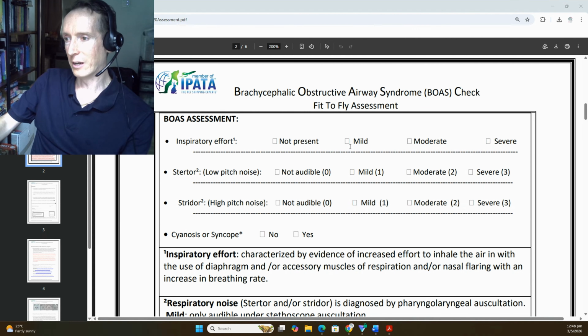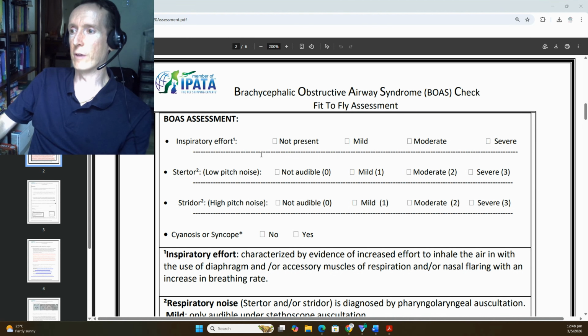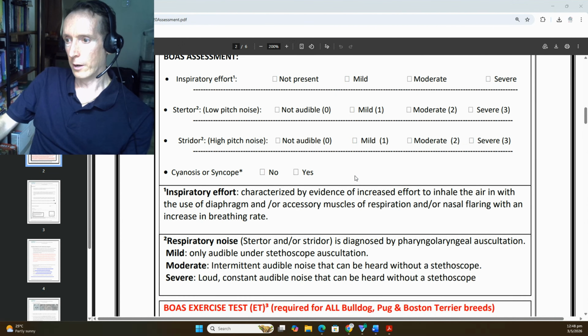But there are some dogs which, with excitement and stimulation, can get stressed out and can even go a little bit cyanotic, which means a little bit blue. And of course, those ones would be a travel risk.